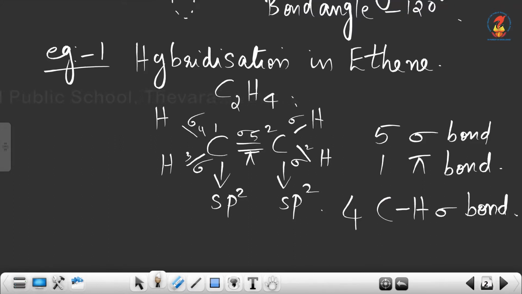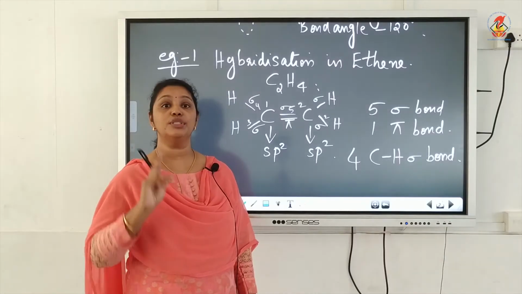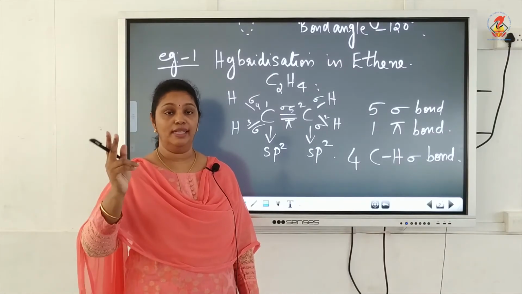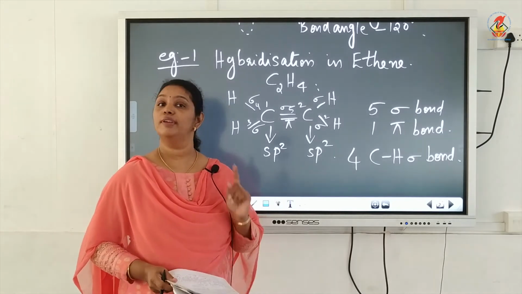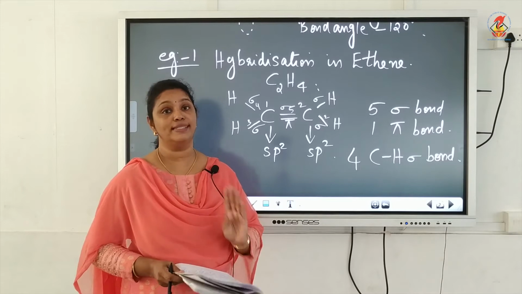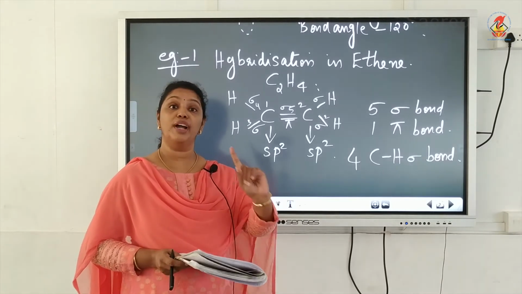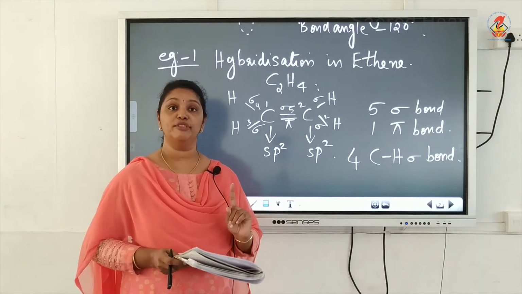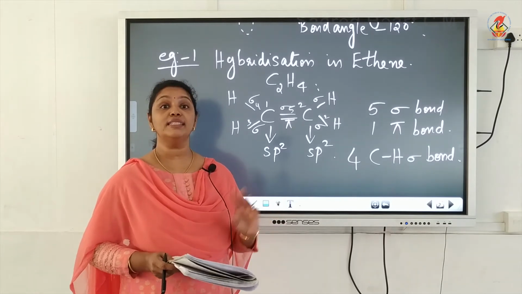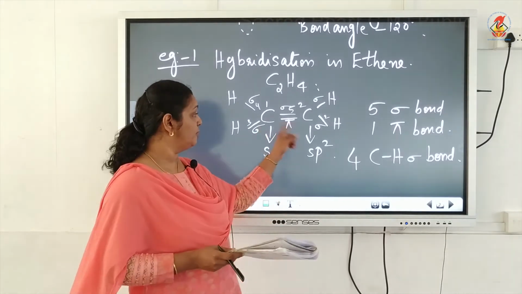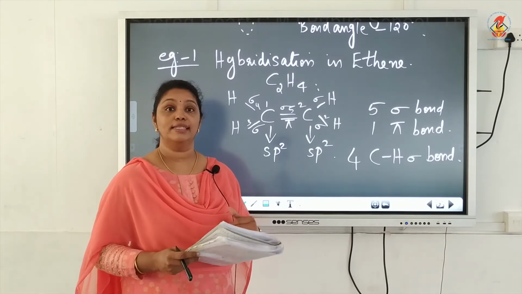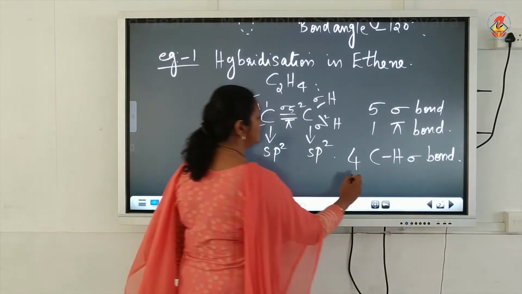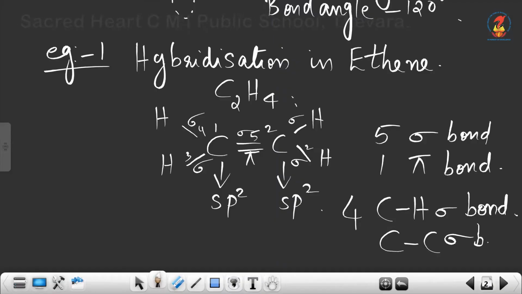So the Sp2 hybrid orbitals on both carbons use 2 hybrid orbitals each to overlap with the half-filled 1s orbital of hydrogen atoms, and we get 4 CH sigma bonds. Now there is one more hybrid orbital left on each carbon. These hybrid orbitals, one left on each carbon, will overlap mutually and result in the formation of a CC sigma bond.